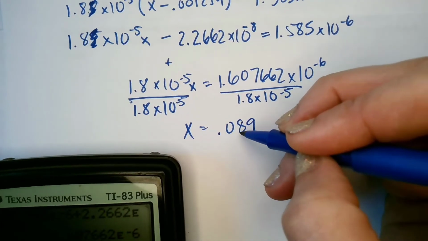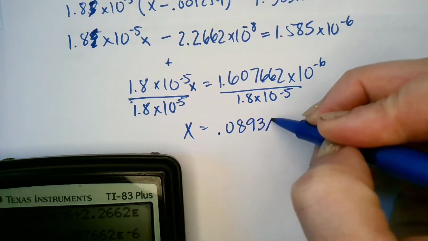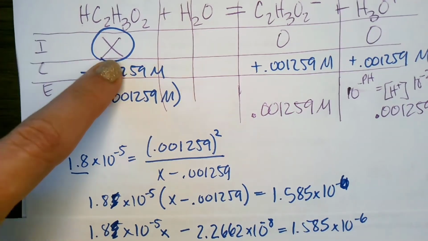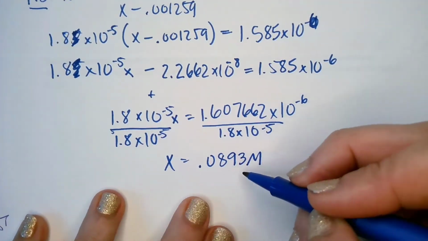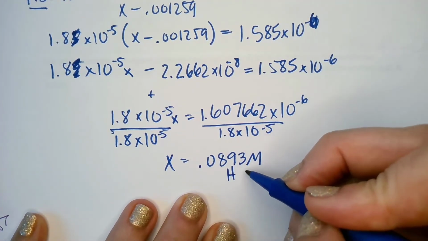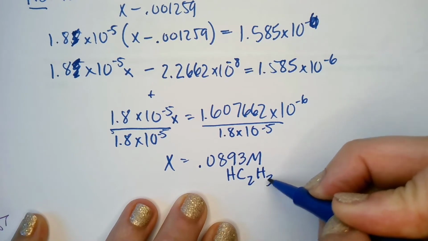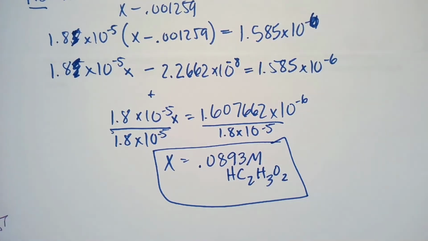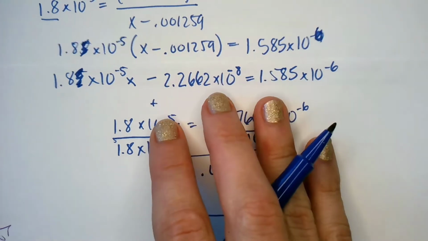And actually, I might just go one more digit here because our pH was given in 3 sig figs. So 0.0893 molar is the concentration for our original acetic acid. So that's our concentration for HC2H3O2.